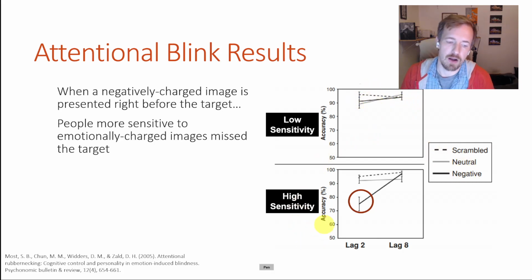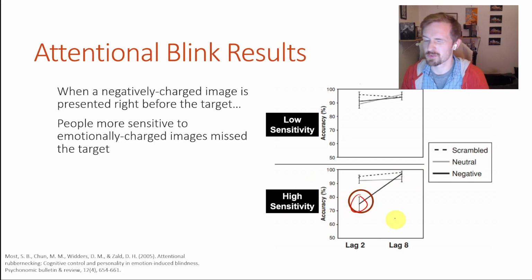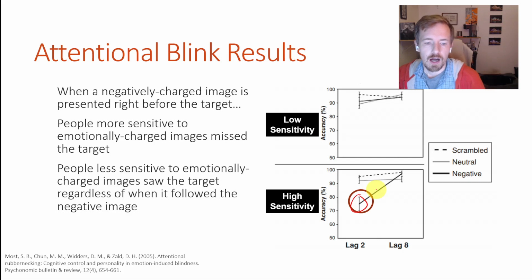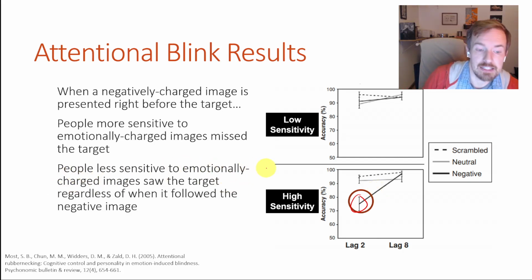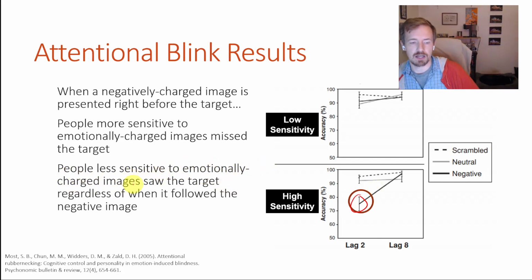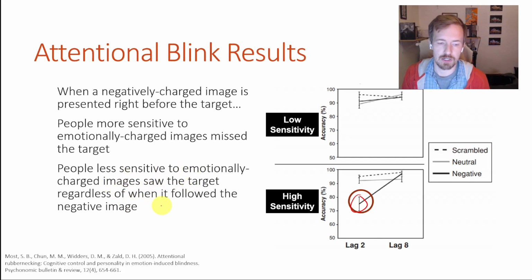But when we have people that are sensitive to that domestic violence, we do see quite a big difference, where it moves from that they see it only about 3/4 of the time to seeing it almost all the time. All right, so people less sensitive to emotionally charged stimuli are going to see the target regardless of if it followed the negative image or not. Those that are sensitive to it might miss it.